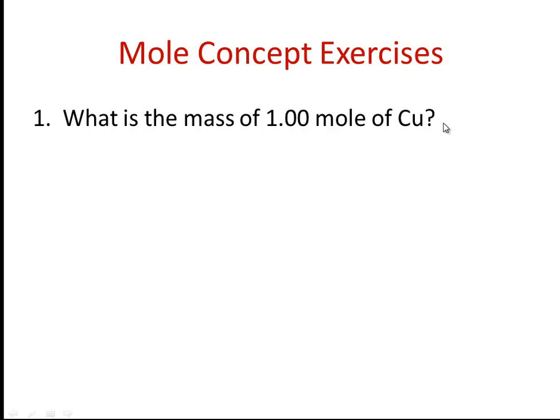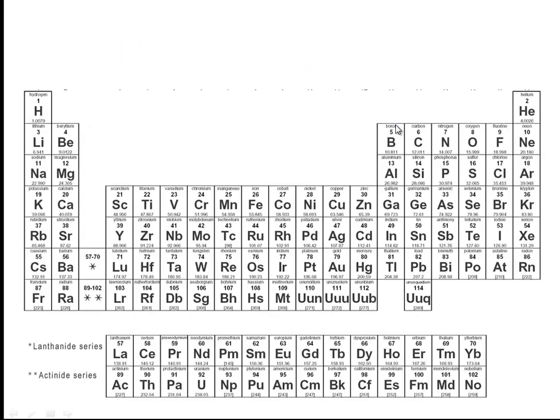You're definitely going to need your periodic table and a calculator, so make sure you've got that handy. If you want to determine the mass of 1 mole of copper, all you've got to do is go to your periodic table and locate copper. Copper is right here, on the first row of the transition metals, which are in the middle of the periodic table.